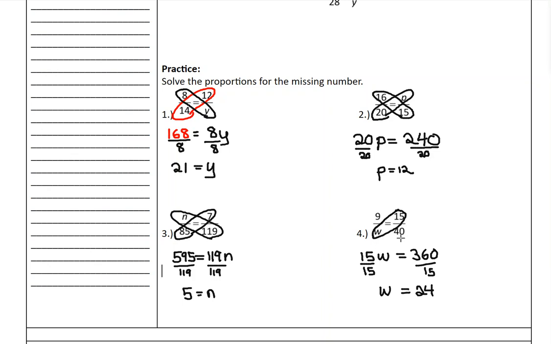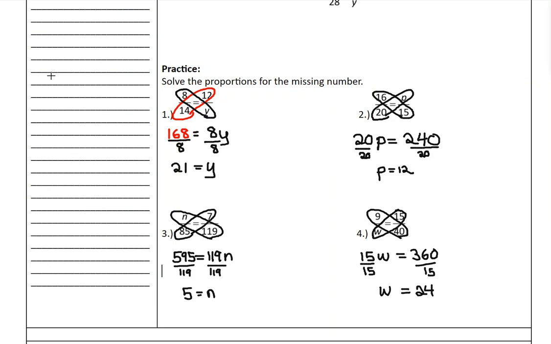And finally, you cross-multiplied and you divided by the number 15. It was paired up with the w. When you divided on both sides, you got w was equal to 24. So 9 out of 24 would be equal to 15 out of 40.